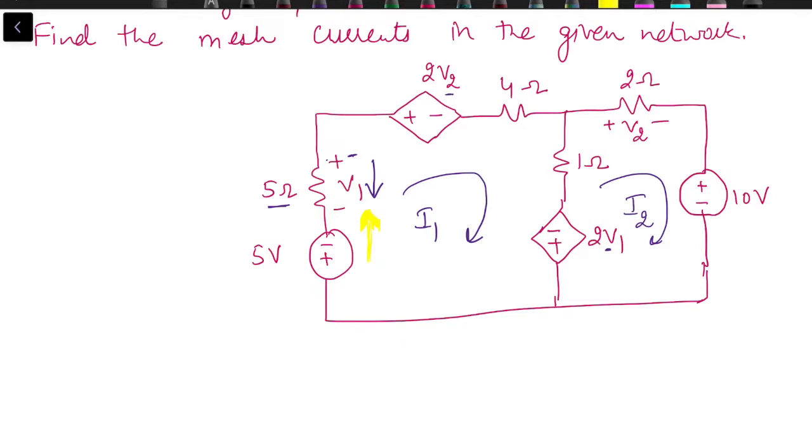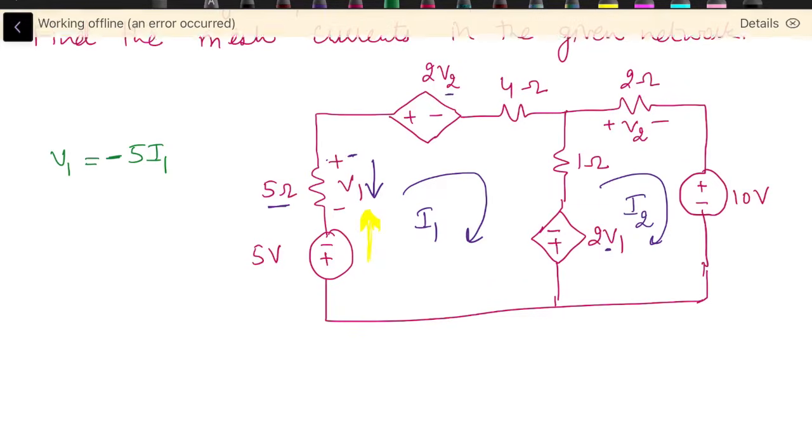So when we write the expression of V1, since the current through 5 ohm resistance is I1, it's 5 into I1. But the direction of current I1 is just opposite to the required direction of current as per the polarity of V1. So it is minus 5 into I1.